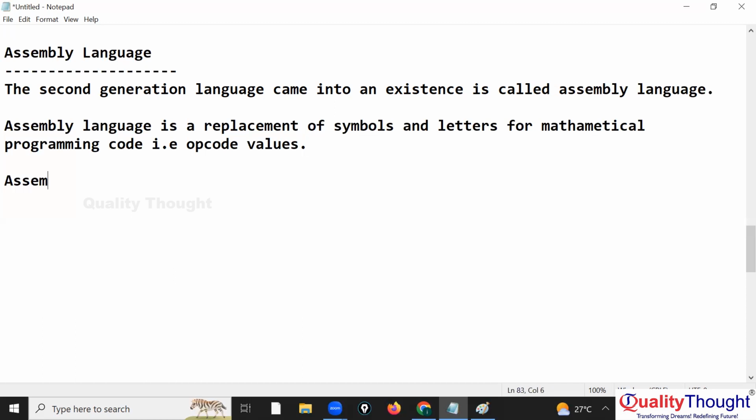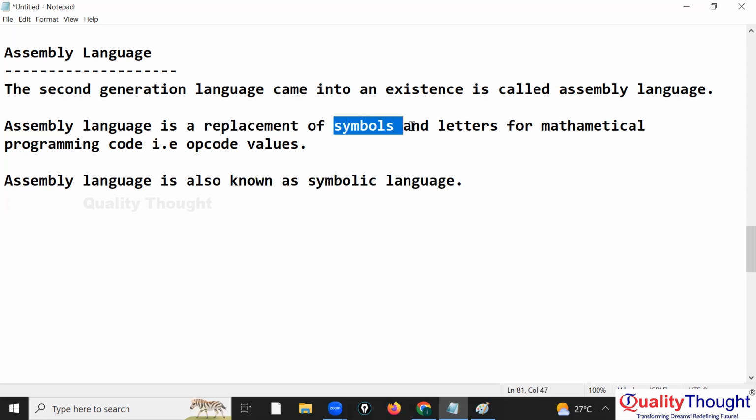See, assembly language is also known as symbolic language. Why we are telling it's a symbolic language? Because it is a replacement of symbols and letters for mathematical programming code, guys.